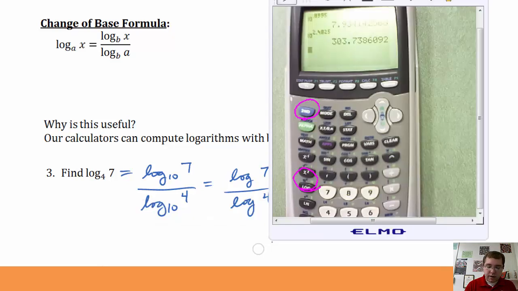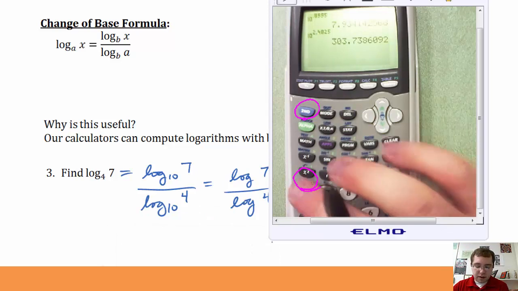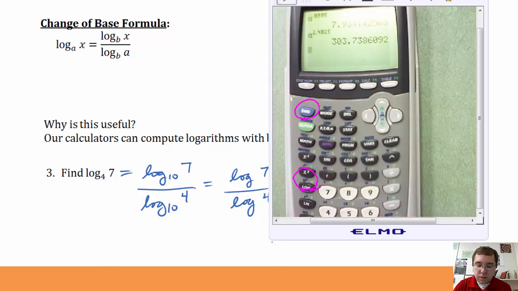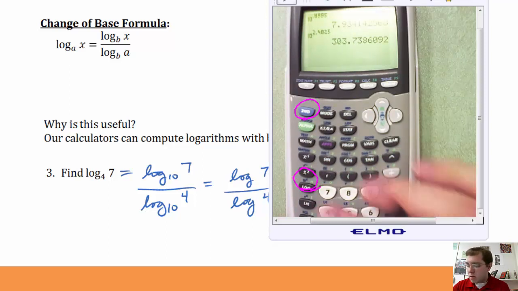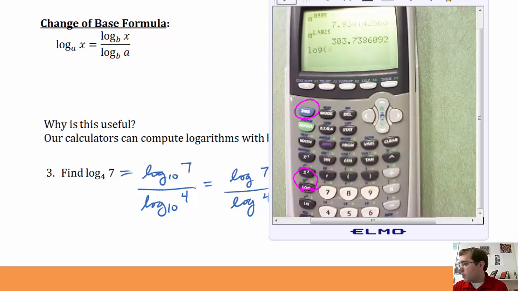Let me pull up my calculator. I'm going to tell it to do the log, which is this button called log right there. The log of 7. Close the parentheses around that. Make sure you do that. And then divided by the log of 4. So that log button on your calculator is a base 10 log, and only a base 10 log.